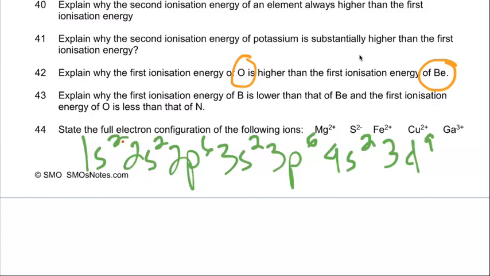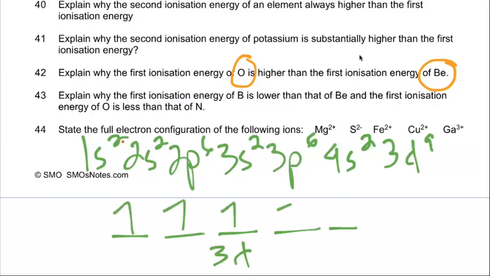But copper doesn't follow the rules, because if we look at the orbital diagrams and what its 3d would look like, with 9 electrons, 1, 2, 3, 4, 5, 6, 7, 8, 9, leaving this last one only half full is actually less stable, because 3d has higher energy.